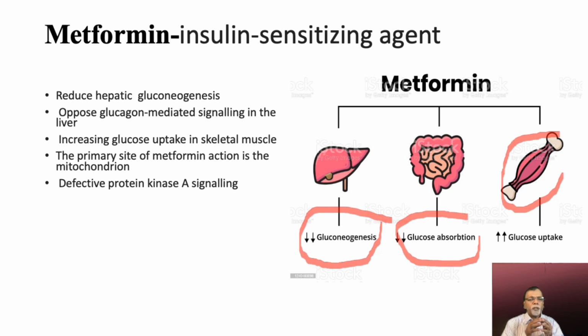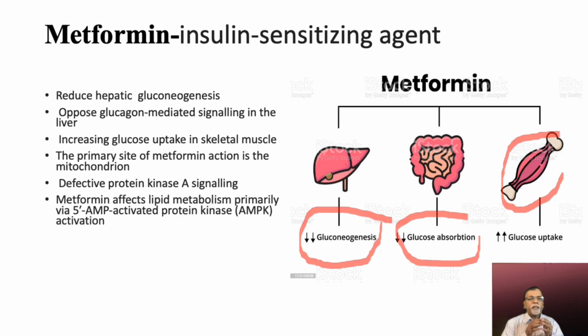So defective protein kinase A signaling is the basic reason, and it affects the lipid metabolism via 5'-AMP activated protein kinase activation. So what is happening is the AMPK activation. So AMPK is activated by metformin.